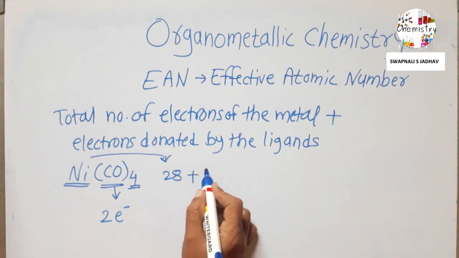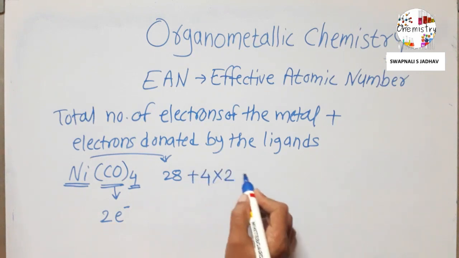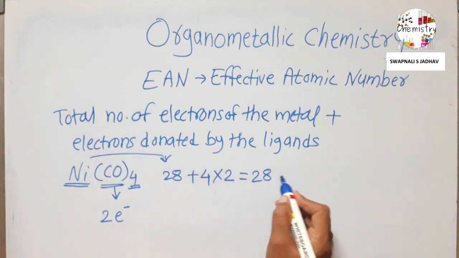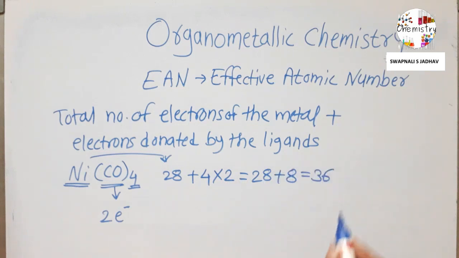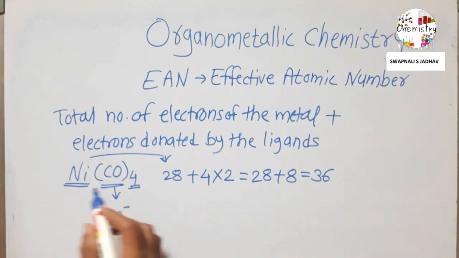So 4 into 2 is 8, 28 plus 8 is equal to 36. So the total is 36, which is the atomic number of krypton, the EAN of NiCO4.